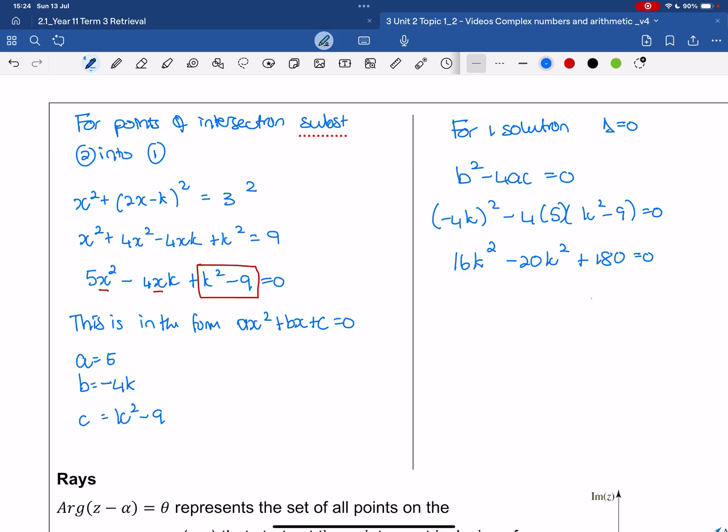And I can work through that so that I've got negative 4k squared is equal to negative 180. So k squared will be positive 45 and k will be plus or minus 3, oopsie, not root 3, root 5. Okay.